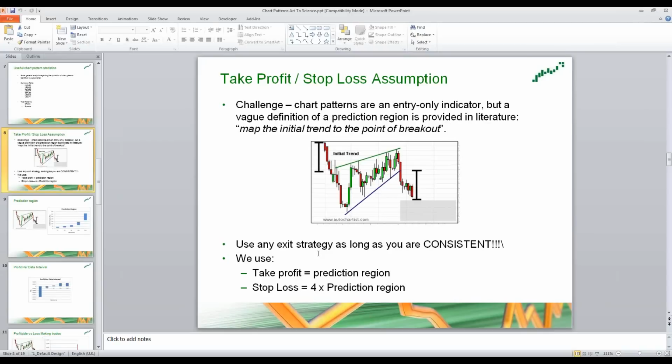So that all of you know what our take profit and stop loss assumptions are, Autochartist provides you a take profit region, which is calculated based on the initial trend of the pattern. In the system, we did not test our stop loss and take profit strategy. We actually just set a very, very big stop loss in order to see the profitability of the system instead of evaluating our stop loss and take profit strategy.